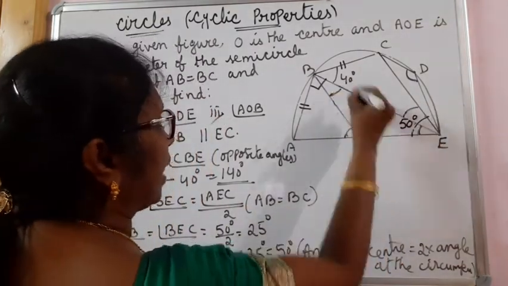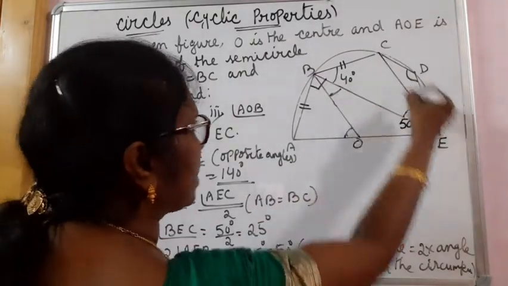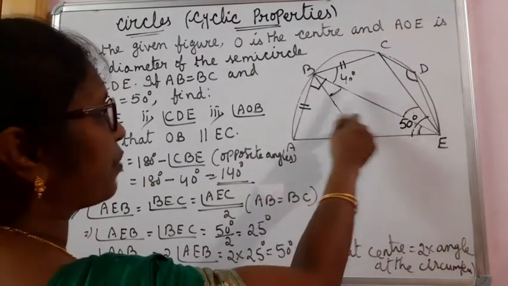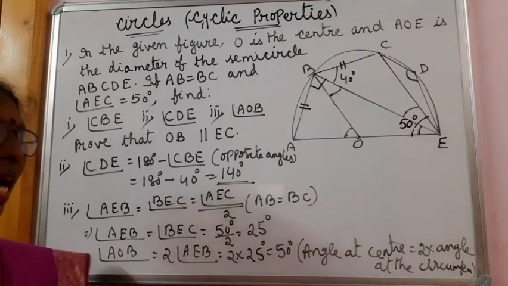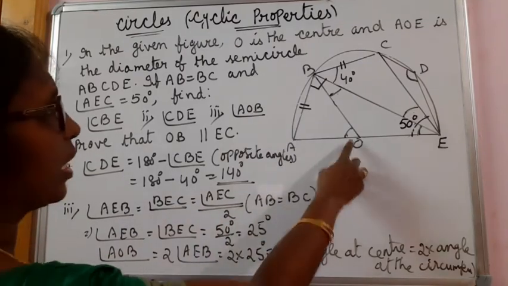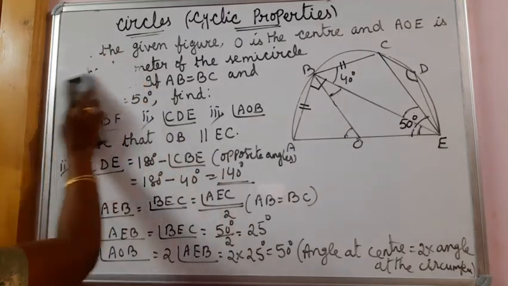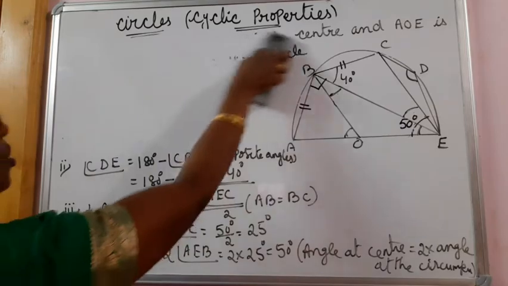Let us find angle OBE. If this is also 25 degrees, these two are interior alternate angles, and if a pair of interior alternate angles are equal, the lines are parallel. So let us work out to get angle OBE. Now I am clearing the board here. In order to show OB parallel to EC, let me work out.